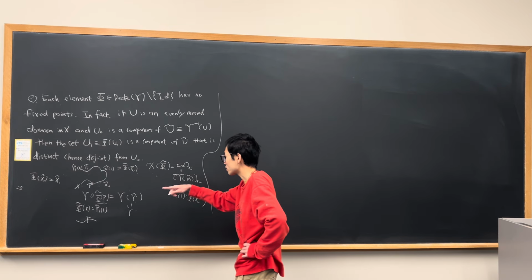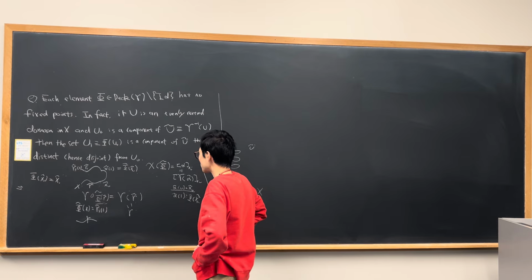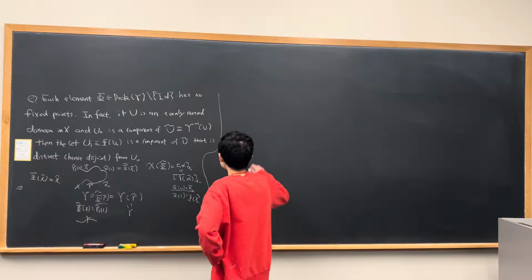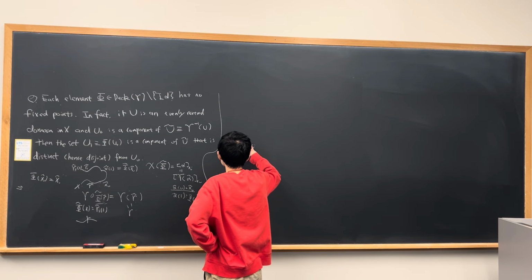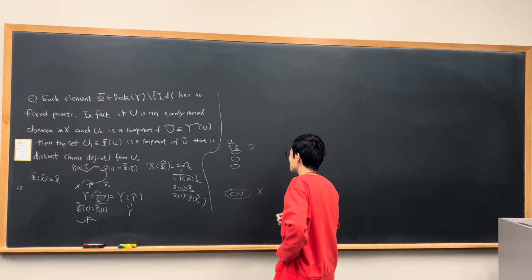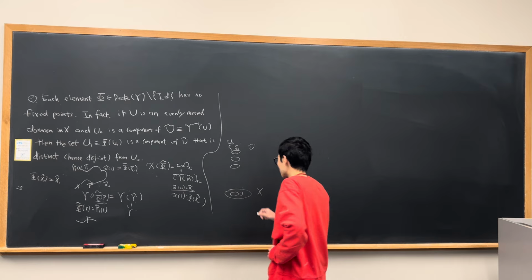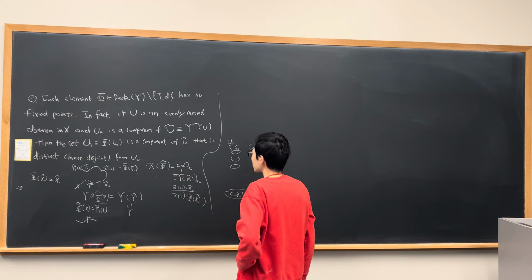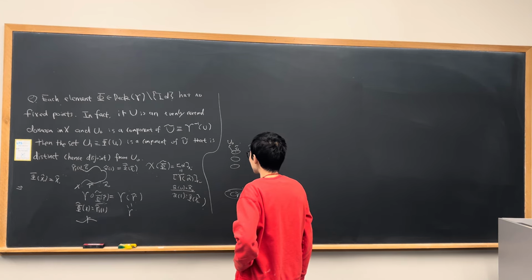Okay, I think I can somehow manipulate this argument. The idea is that if you take any point, let's say x naught tilde, to be inside this U naught, then this is like x naught here.